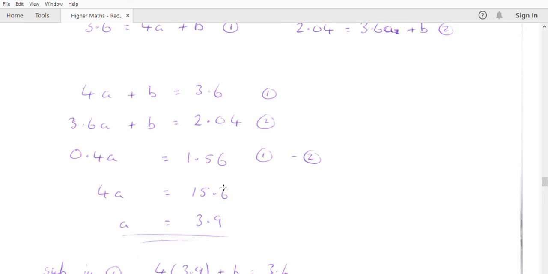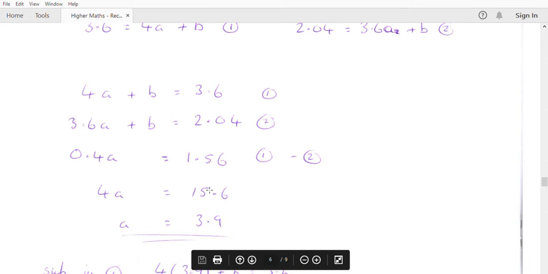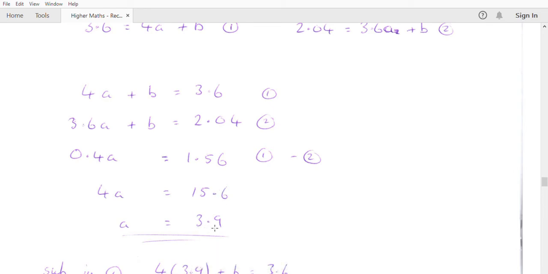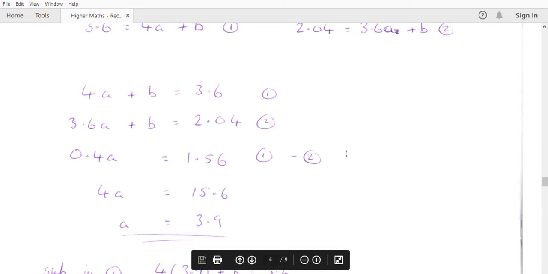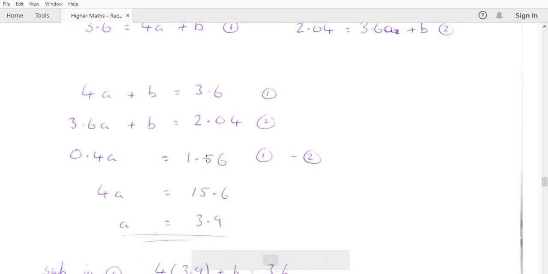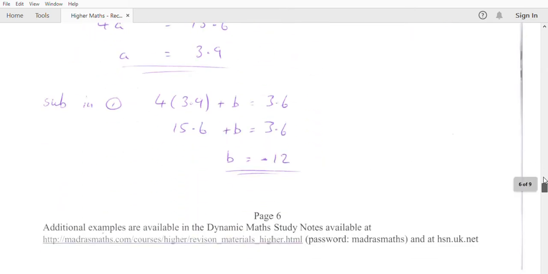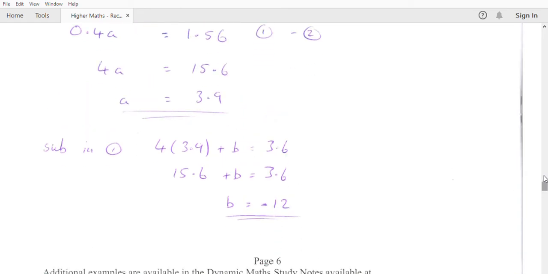Then a would be 15.6 divided by 4, which is 3.9. To get that I have halved and halved again: half of 15.6 is 7.8, half of 7.8 is 3.9. Doing it that way is a lot easier than doing 1.56 divided by 0.4, which may lead to a little bit of trouble.